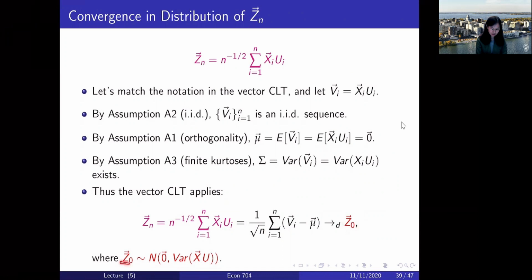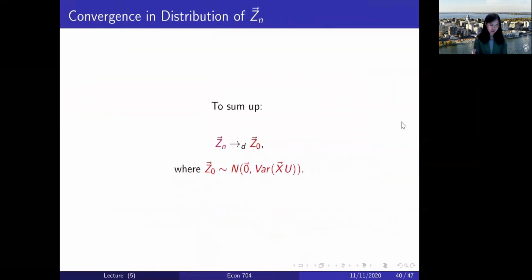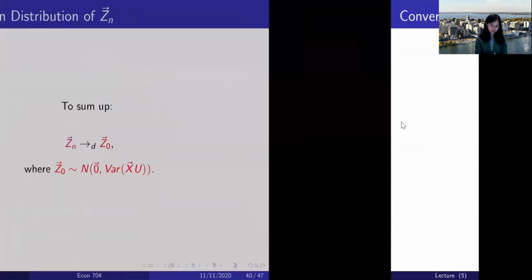So z0 is a normal random vector with mean 0 and variance covariance matrix equal to the variance covariance matrix of vi, which is the variance covariance matrix of x times u. To sum up, we have proven that the Zn vector converges in distribution to this normal random vector.